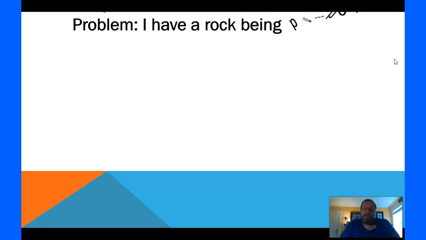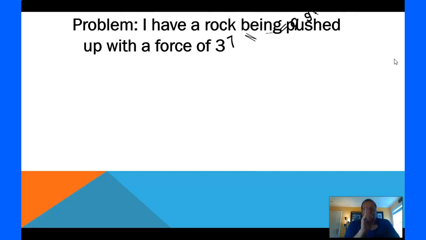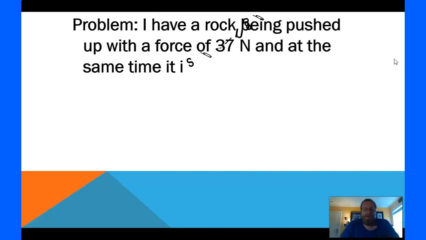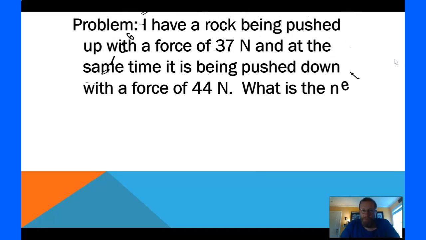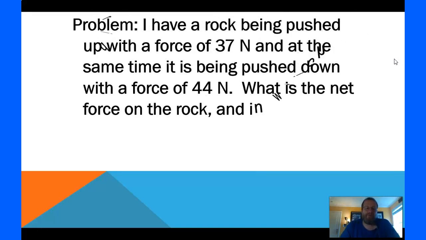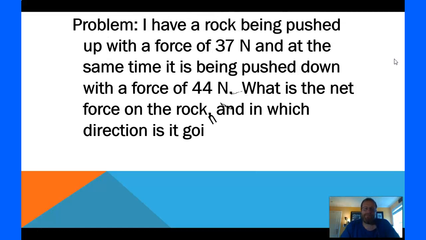I have a rock being pushed up with a force of 37 newtons, and at the same time is being pushed down with a force of 44 newtons. What is the net force on the rock and in which direction? Alright, choose which one you want to be positive. It doesn't matter. One of those is positive, the other one is negative.